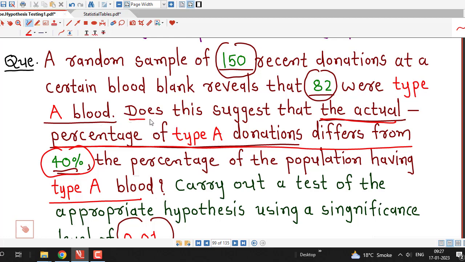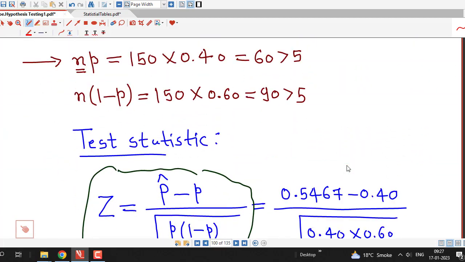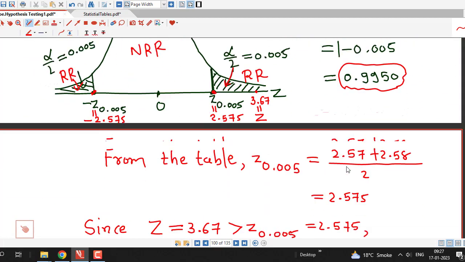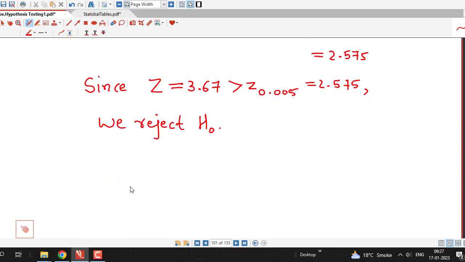So the question is, does this suggest? So the answer is, this suggests that the actual percentage of type A donations differs from 40%, which is the percentage of the population having type A blood. So that we can write as our conclusion for this question.